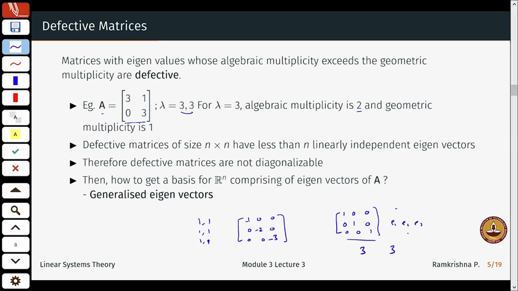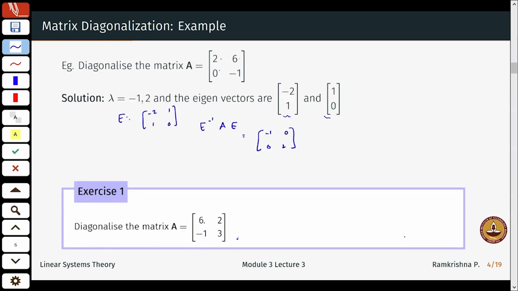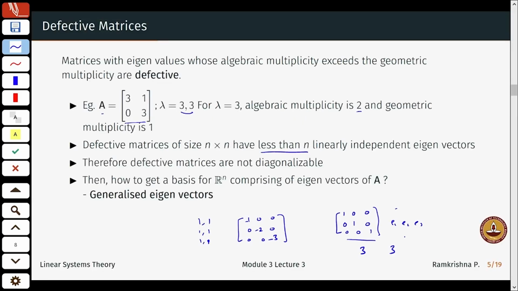So in the case of defective matrices, if I compute eigenvectors, there will be fewer than n linearly independent eigenvectors, so they will not span the entire n dimensional space. And one of the conditions, the necessary and sufficient, if and only if condition, was that it should have n linearly independent vectors.